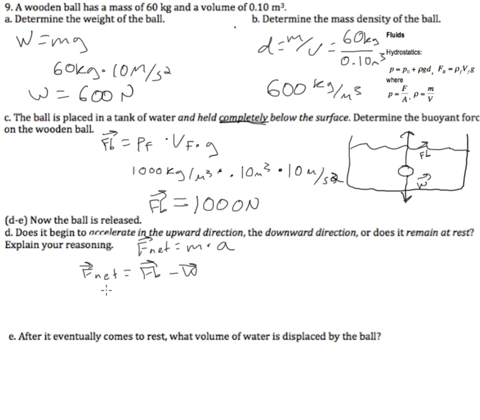Our buoyant force is 1,000 newtons, and that's going up. And we subtract our weight, which is 600 newtons. That gives us a net force of 400 newtons, and it's positive, so it should accelerate up, because we have a positive F net.